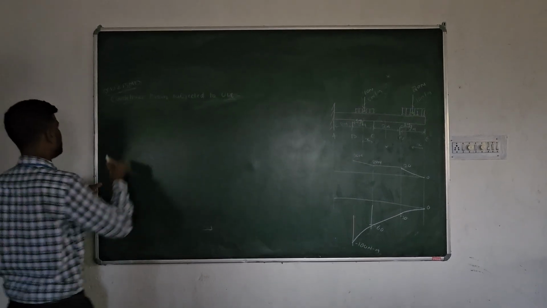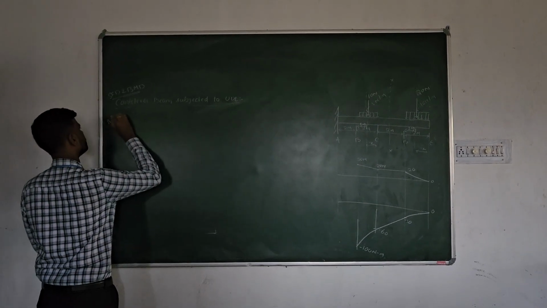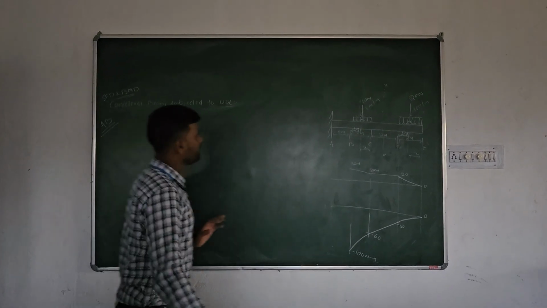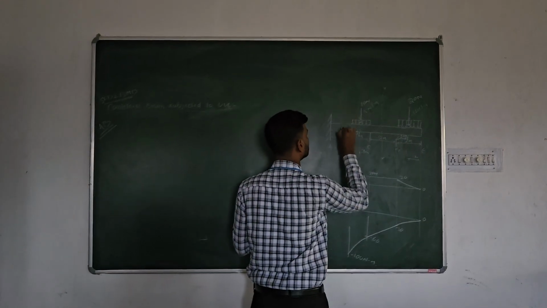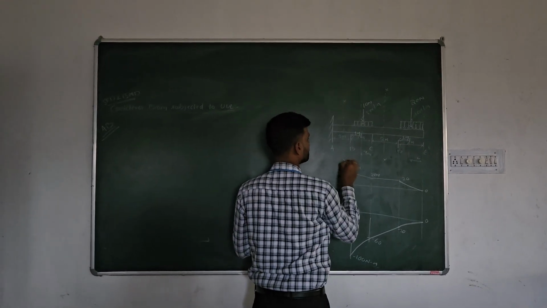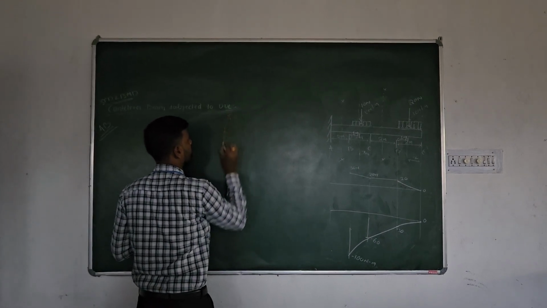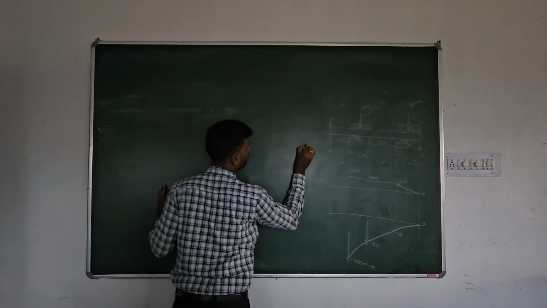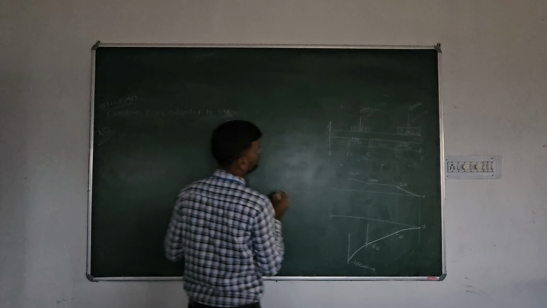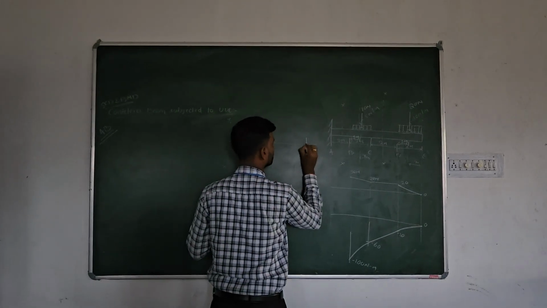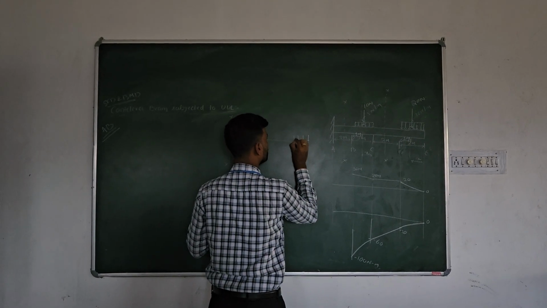For section AB, we will take a cross section here, XX. So let us take the cross section XX. This is the UDL.